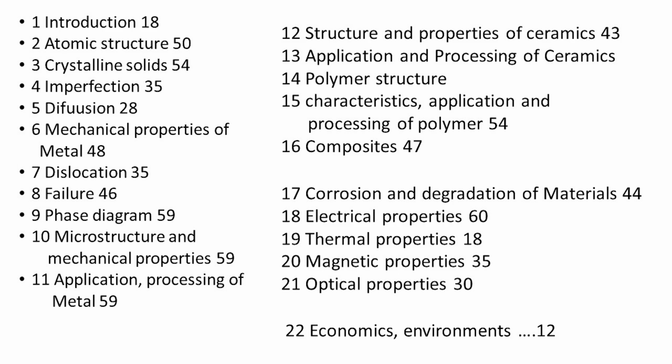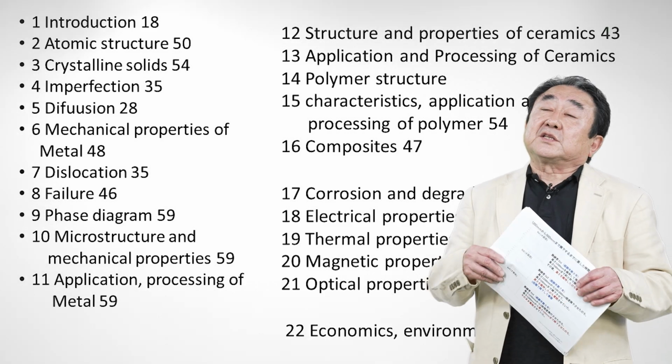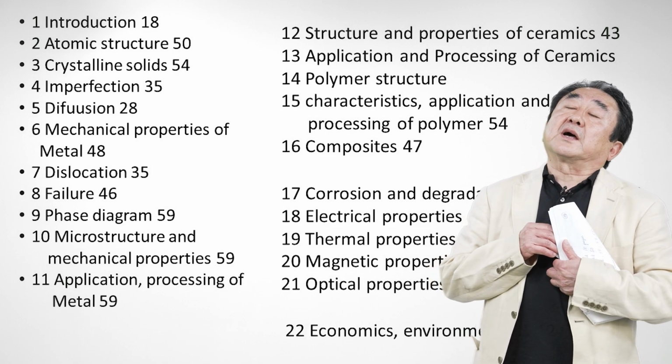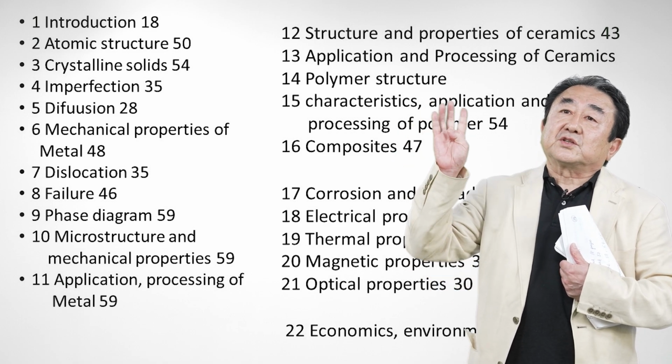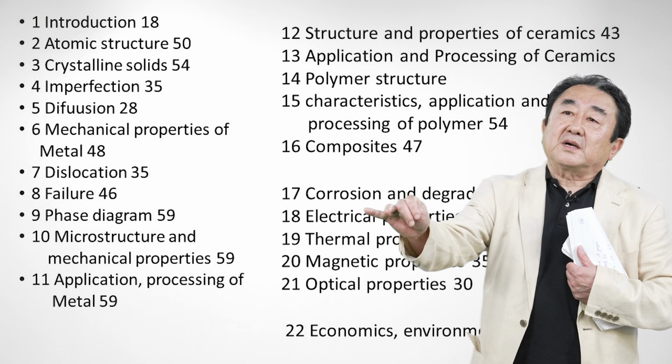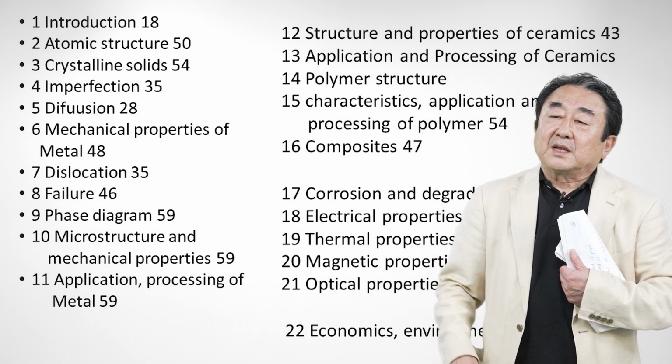This is metal. And next is 43 and something, which are ceramics. And for polymer, it is 2 chapters, 54 or something. And the composite material has only 47 pages. There are 4 big materials: metal, ceramic, polymer, and composite.